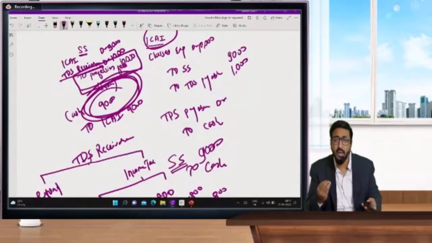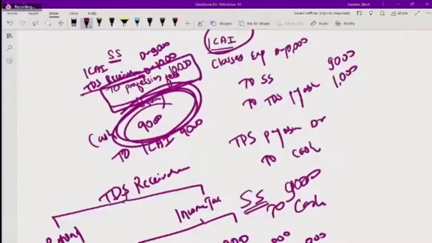इतना डिटेल में बता रहा हूं, फिर भी नहीं समझ पाते. And for this, your articleship is very important.